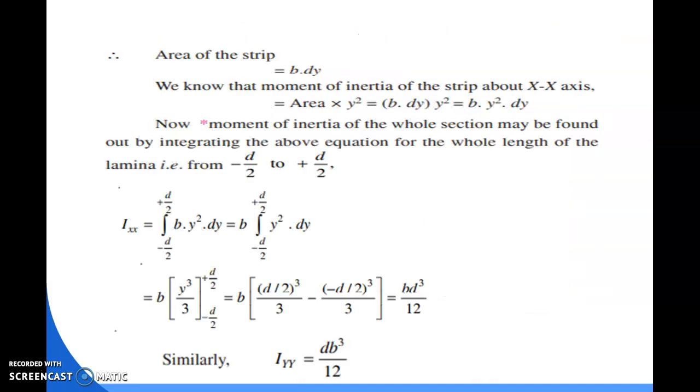Along the x-axis, the value of moment of inertia in case of a rectangular section is equal to bd cube by 12, where b is the width of the rectangle and d is the depth of the rectangle.